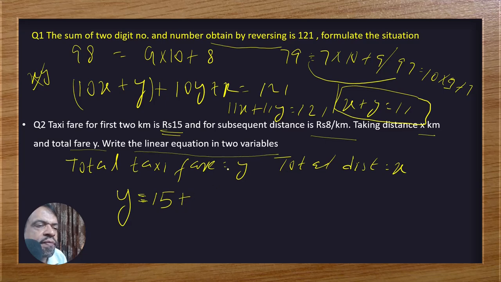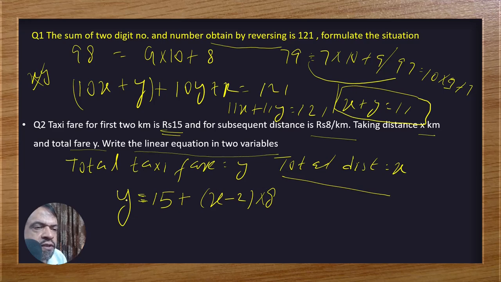Then the total distance was x. So in x we will write x minus 2, because for the first 2 km we already paid. For the remaining distance, we will give the fare rupees 8 per kilometer.